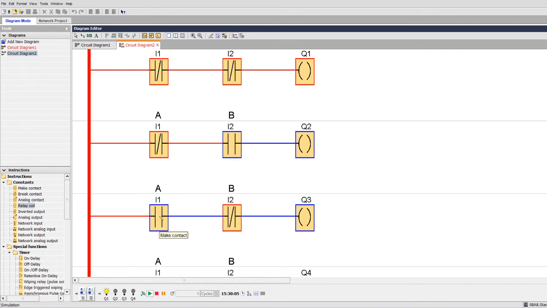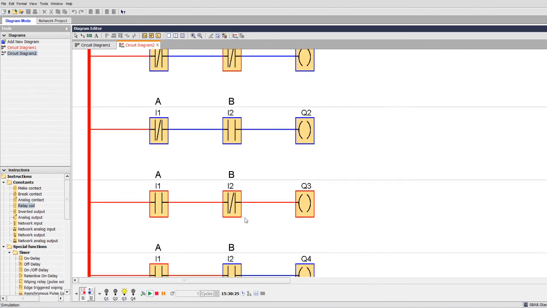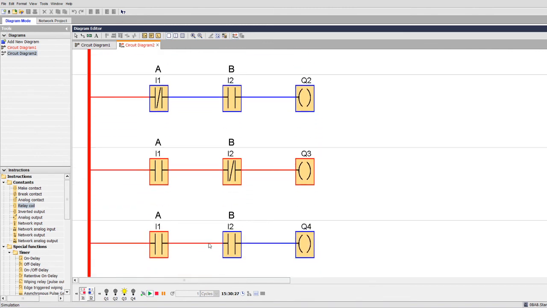1 0. See here, when you look at the third rung, initially there is no power supply. When it is energized by the power supply, that means when I1 is selected, it gets the contact, so it passes the current to the output device, so Q3 goes to high state and the rest of the outputs go to low state. And here, B is in a normally open state.